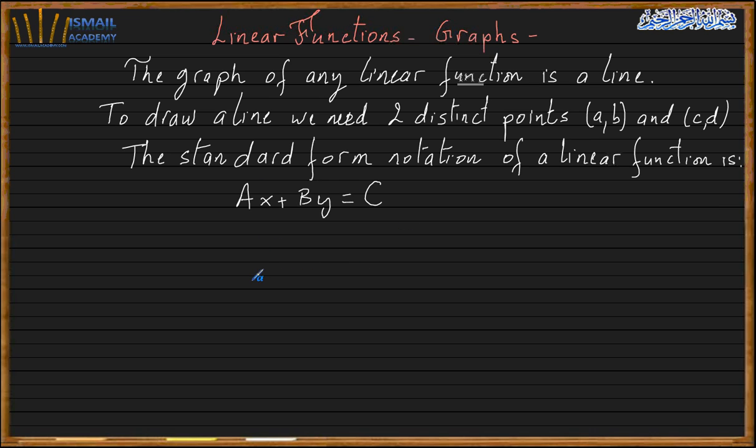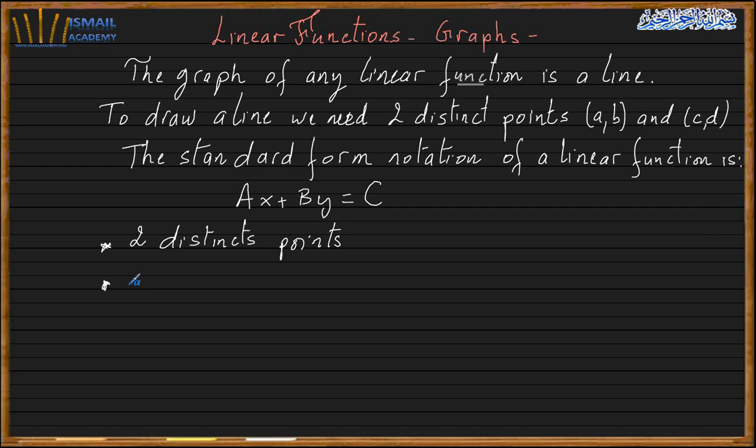So to graph this function, I have three choices. There are three ways we can graph a linear function. The first way is we pick two distinct points. The second way again is two distinct points, but it's a specific point.